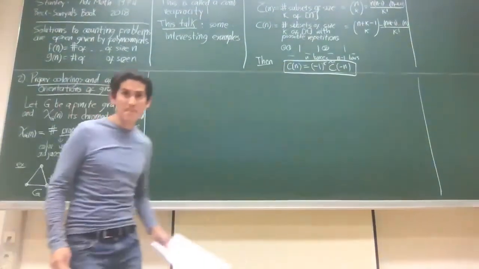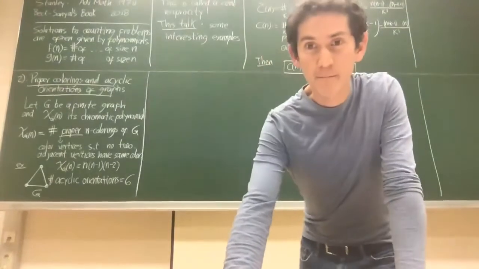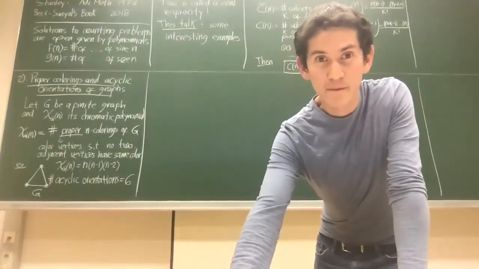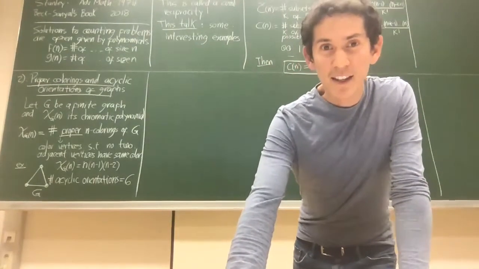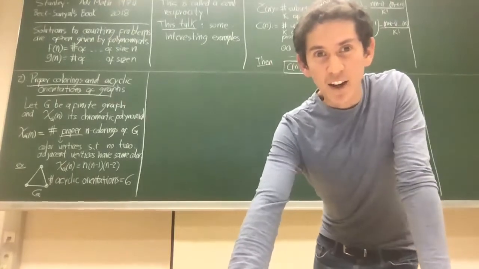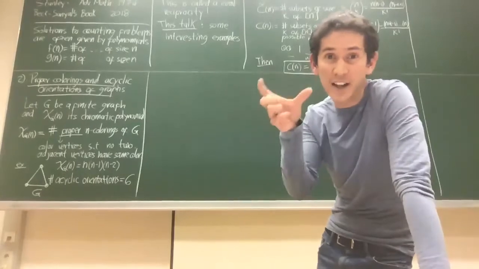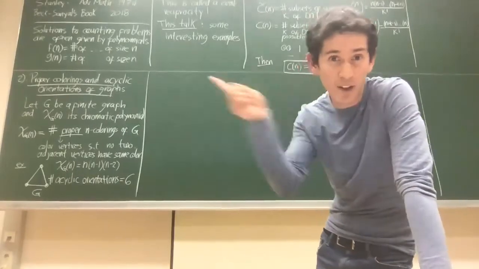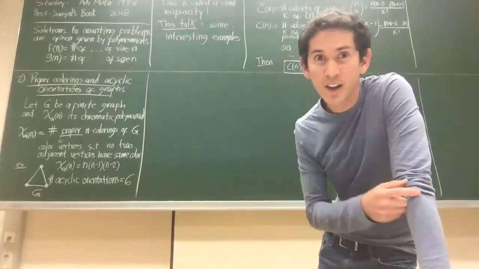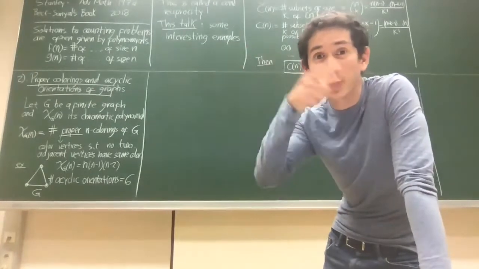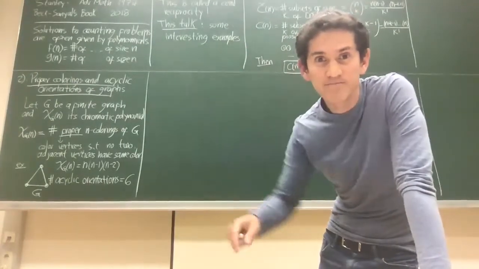Before you do that, never mind. Mark answered the question. There was a question about what is an acyclic orientation. Okay, so an acyclic orientation is when you orient all the edges of the graph either in one direction or the other in such a way that you do not form cycles in the graph.